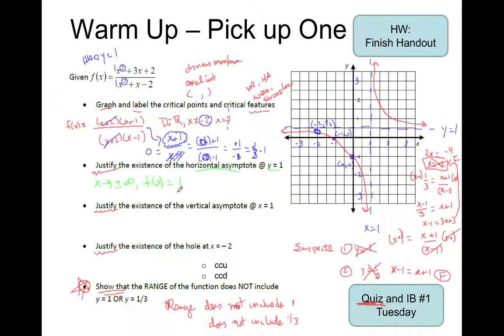That's where you go to your calculator. But I can also see it because of my graph, which we got from our calculator. As x goes to the right end of the domain and the left end of the domain, the range values all approach 1. Therefore, don't forget it asks you to justify, there is a horizontal asymptote at y = 1.